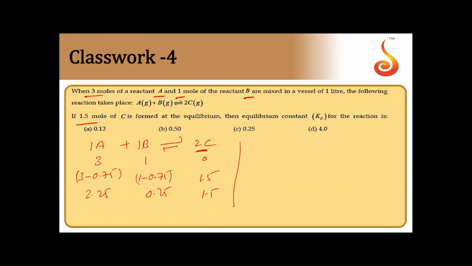When it comes to equilibrium concentration, the volume of the vessel is given as 1 liter. So to get the equilibrium concentration, you take N by V, number of moles by volume. Dividing by 1 throughout, the value will not change.